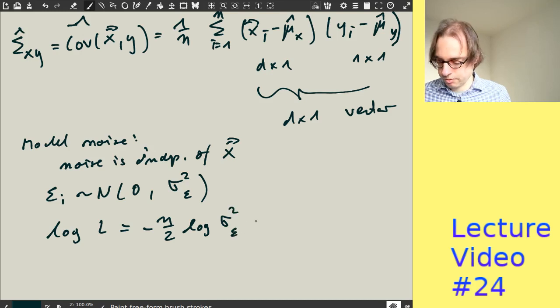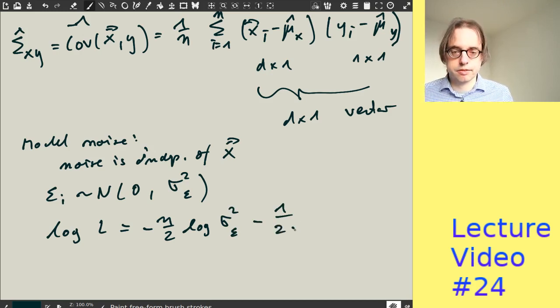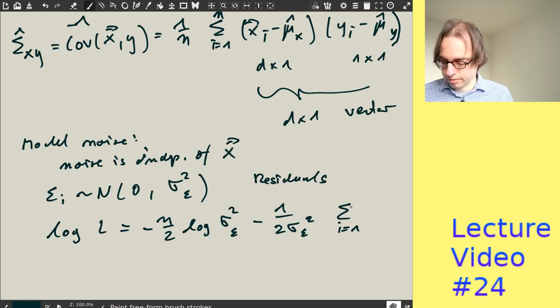That's just the usual likelihood when we have a normal distribution and fixed mean, minus 1 over 2 sigma epsilon squared, and then the observations are our residuals. So the residuals are actually drawn from this distribution.